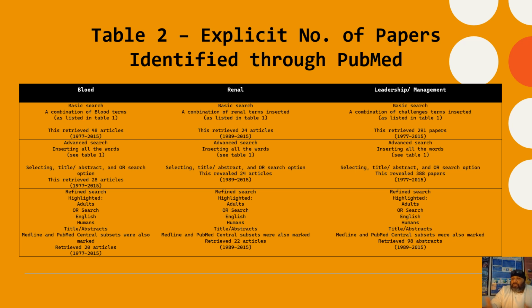Now, the search generally was over a 38 year duration, but the earliest publications that came out as a result of this were actually from 1989. Hence why only at that time there were 24 particular articles that related to this search.